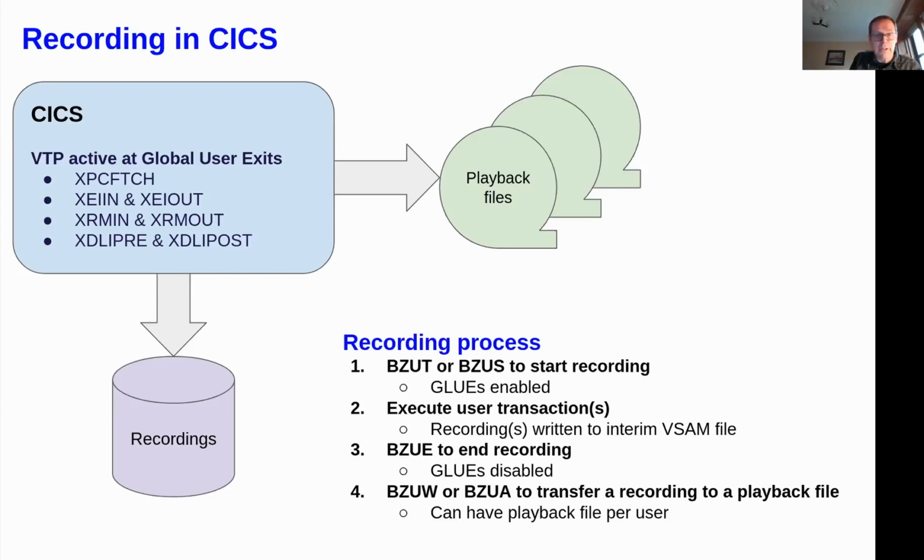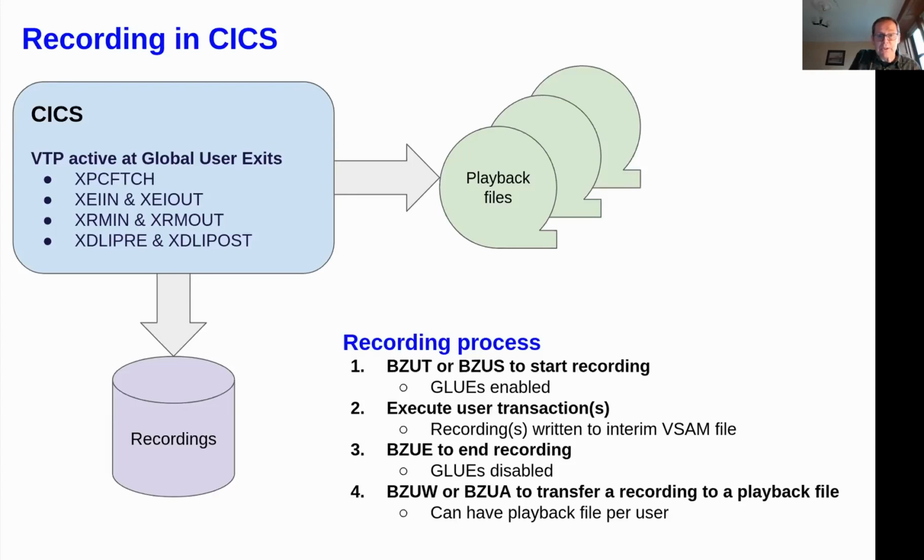Those of you familiar with the GLUEs will recognize them, but basically, in and out of any EXEC CICS command, in and out of the resource manager domain, and in and out of the DL/I process, as well as the XPCFTCH fetch exit, which runs every time a CICS program is executed. So you can see right away how VTP is collecting the inputs and outputs for each program.